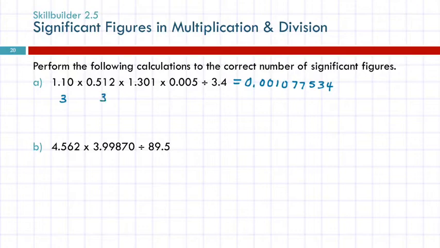That leading 0 is never significant, so it's just the non-zero digits. How about 1.301? 4. That 0 is trapped in between, it counts. How about 0.005? Just 1 sig fig. All of those leading zeros don't count. We just got the 5. And then 3.4, 2. So which of those has the smallest number of significant figures? 1 is the smallest. So our answer needs to be rounded to 1 significant figure.